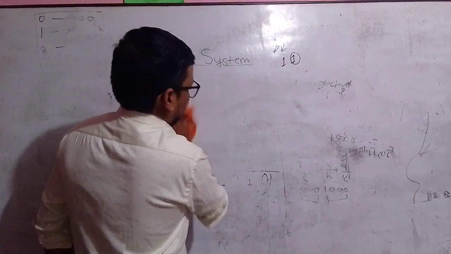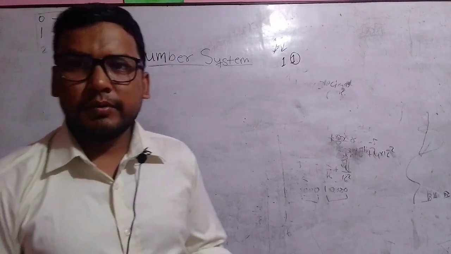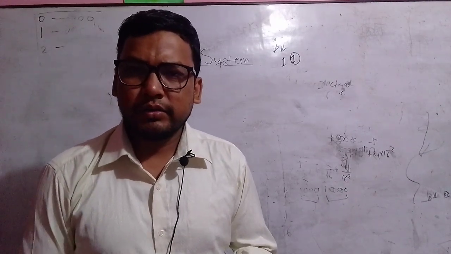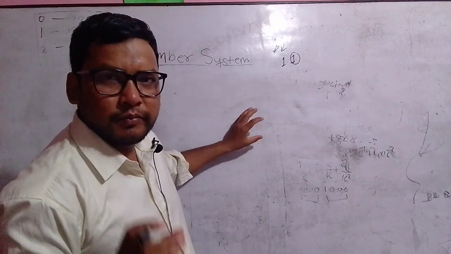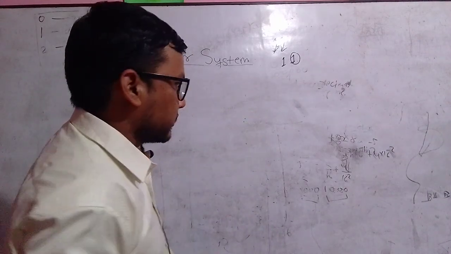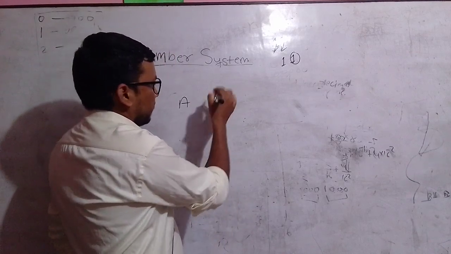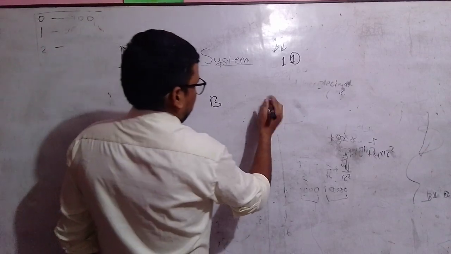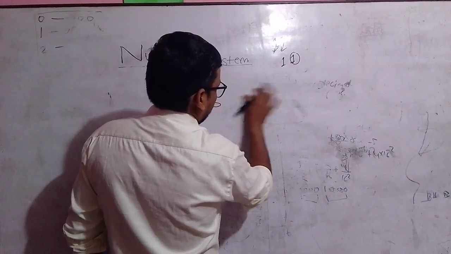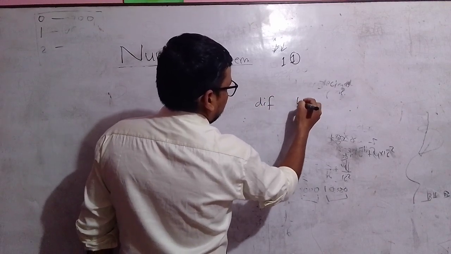Before solving another example, let's see what would happen when subtracting one digit in different cases. For example, A and B. Suppose A and B are two digits. We consider the difference and the borrow.